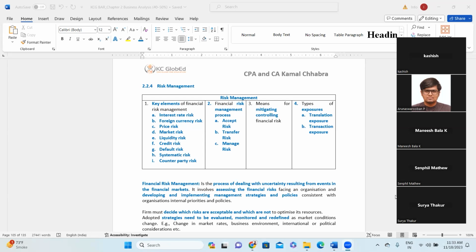Yes, sir. Next is default risk. Default risk is the risk that you may not be in a position, or not able, to live up to the commitment which you have given, right? It can be financial or it can be non-financial. So failure in such things may result in default risk.